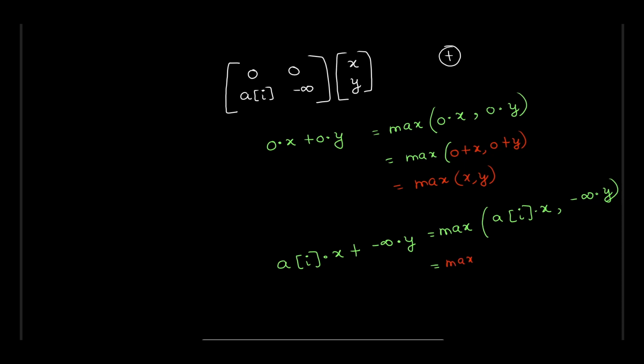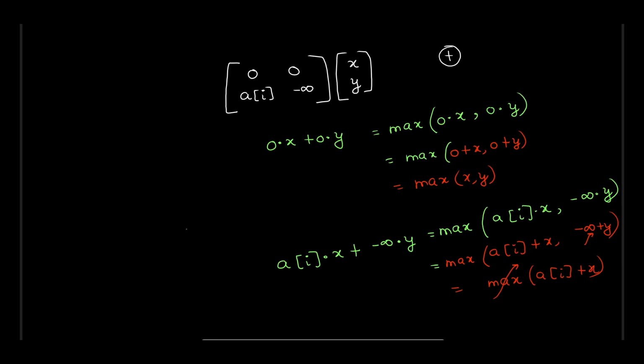So this is max of AI plus X, and this is minus infinity plus Y. And of course, since this is minus infinity, you can assume that this will always win, and this becomes AI plus X, right? So you can take out this max term over here because you have smartly chosen this as minus infinity.